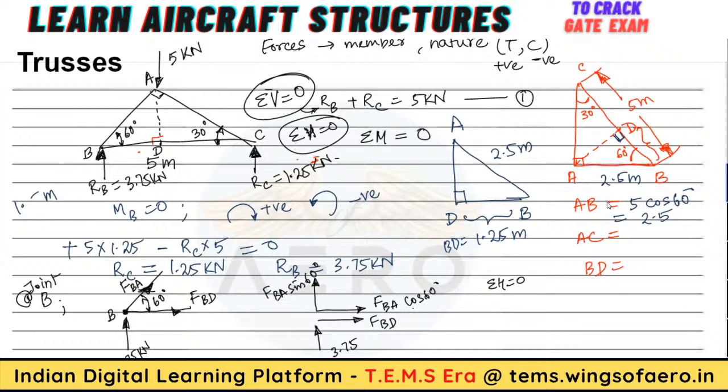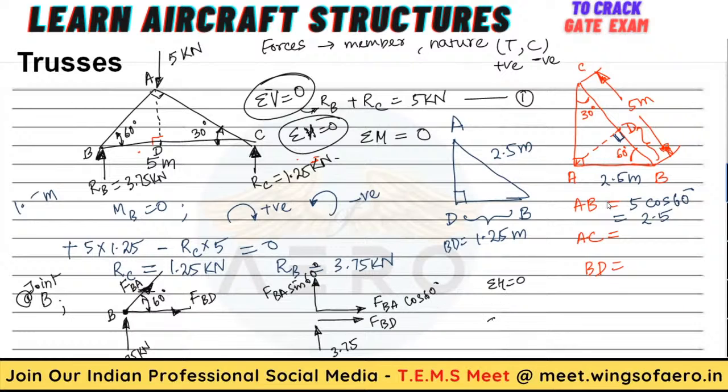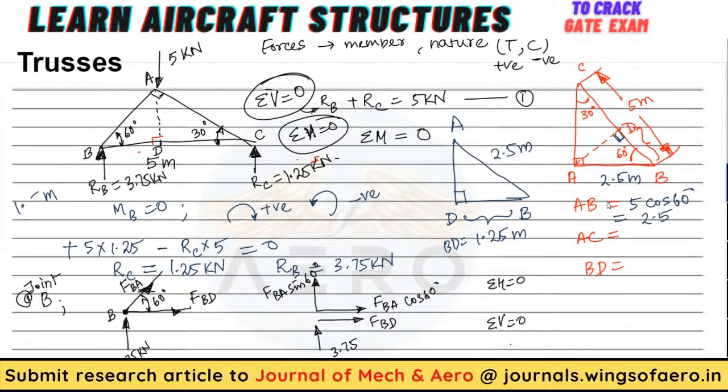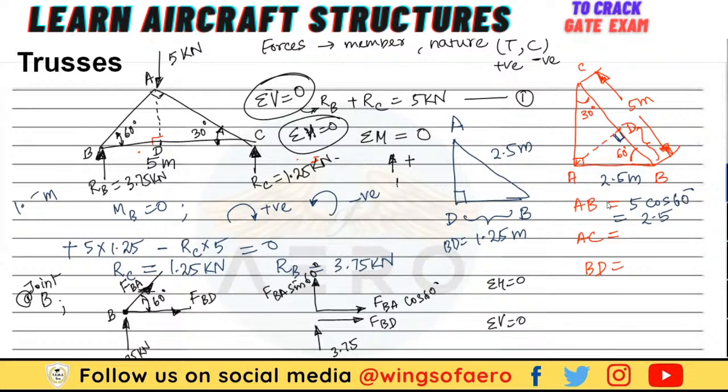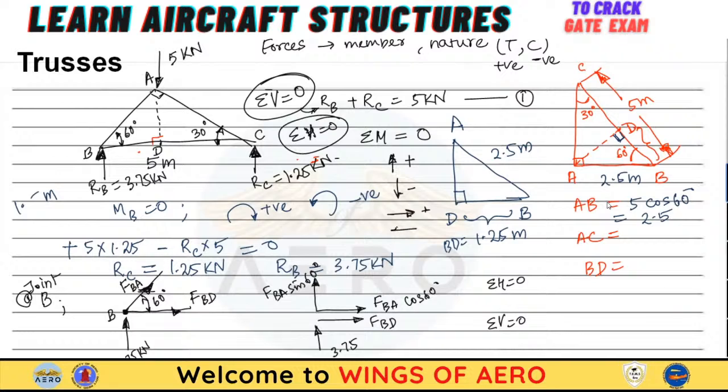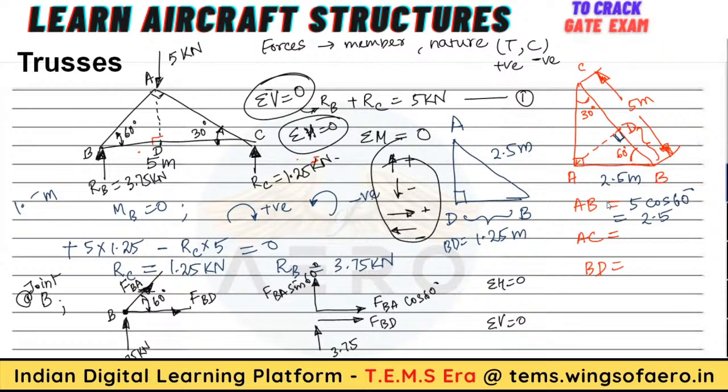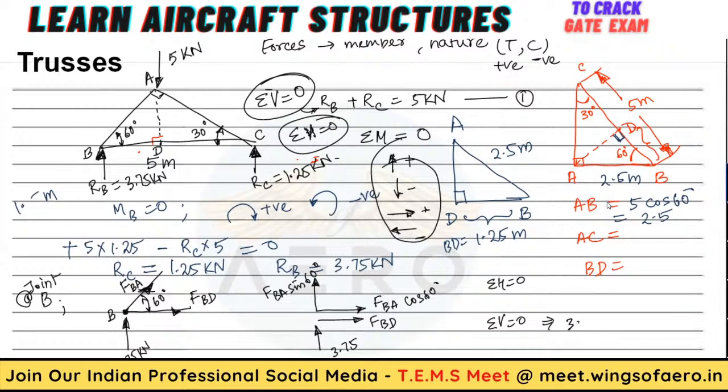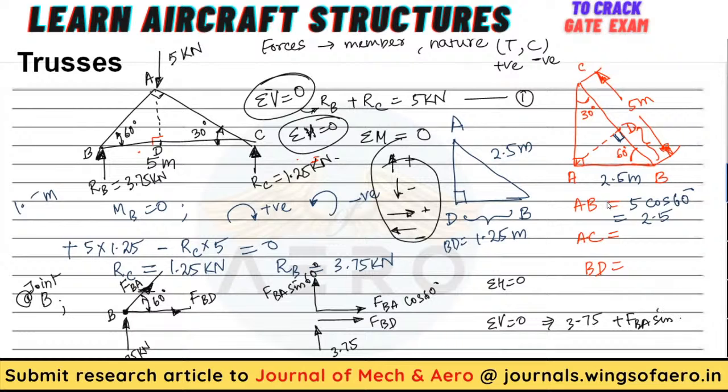If you take summation of horizontal, both are unknown. So let me take the summation of vertical first. What are the vertical forces? Both are upwards. Upward I need to take as positive, downward as negative. Rightward direction is positive, leftward direction is negative. This is the convention I'm going to follow here. Now all are in upward direction, so I take 3.75 plus F of BA sine 60 degree equal to 0.